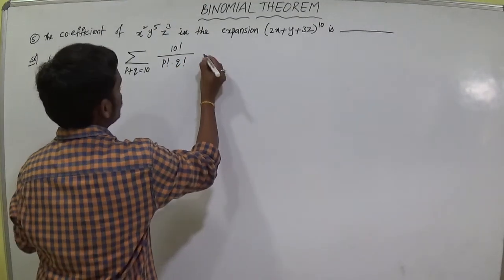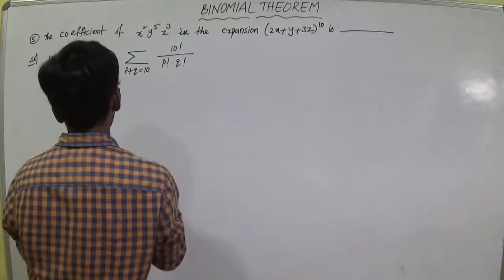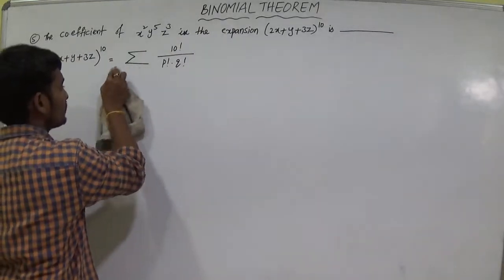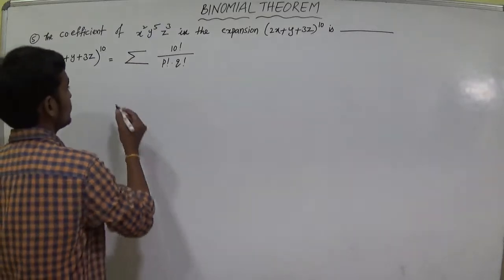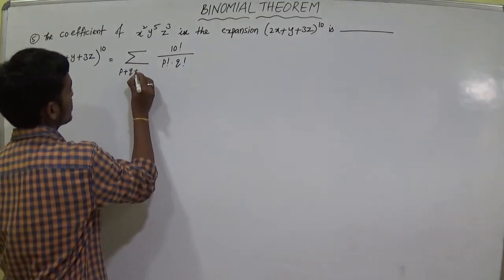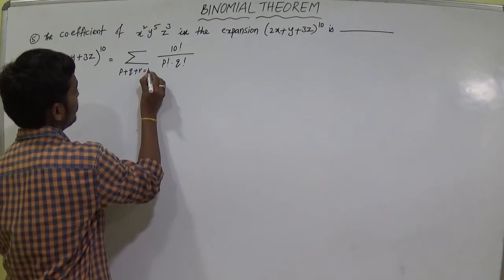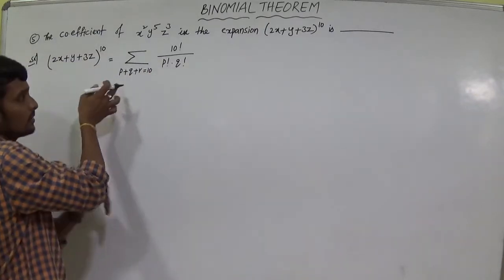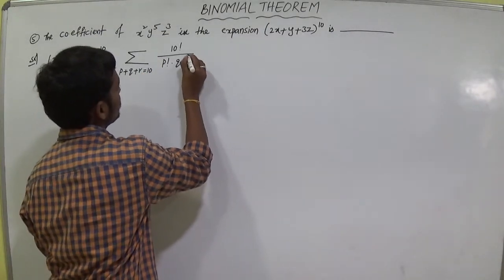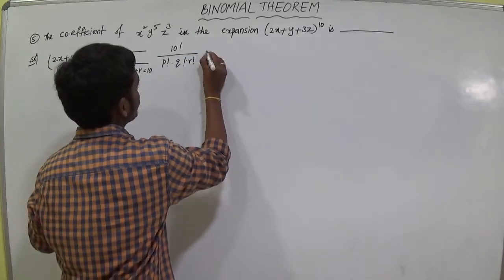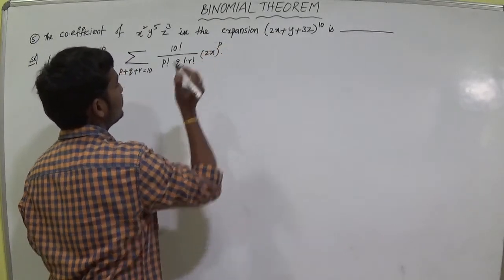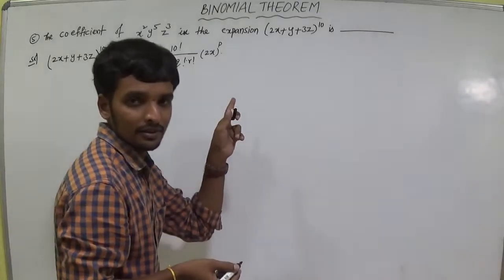So here we have to take 3 terms. I wrote wrong here, sorry. That is P plus Q plus R is equal to 10. You have 3 terms, so that's why: P factorial into Q factorial into R factorial into, first one, 2x whole to the power of P. Have you understood?